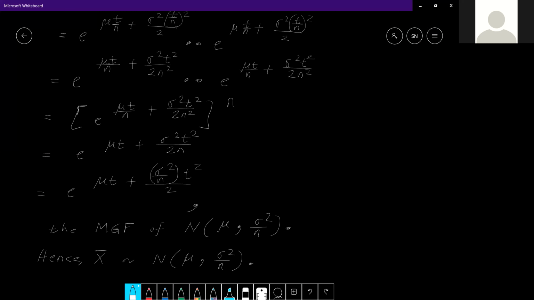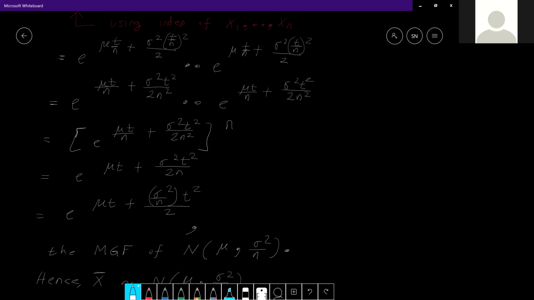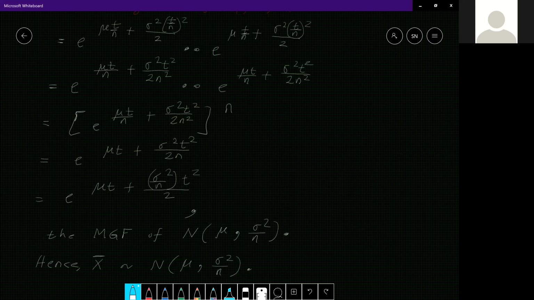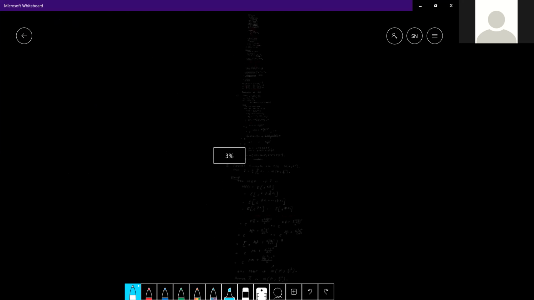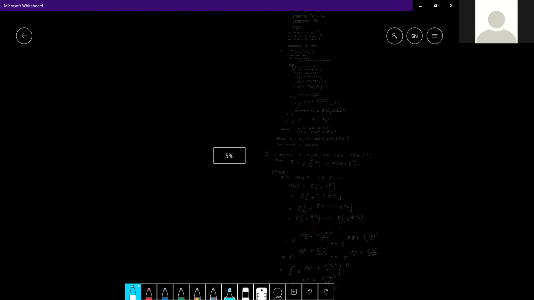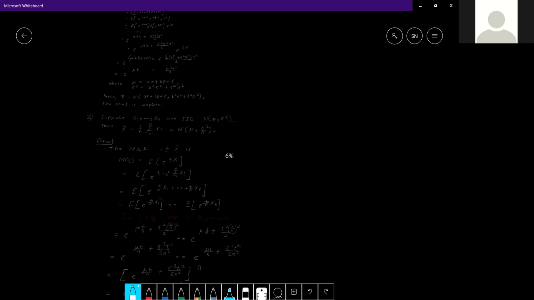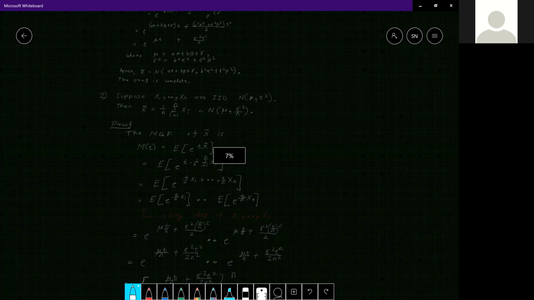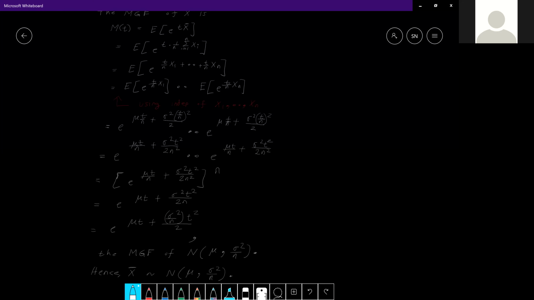So you see the logic is the same as in the previous application. The idea is to start with the MGF of X bar and show that it's the same as the MGF of a normal variable. And that's what I have done here.